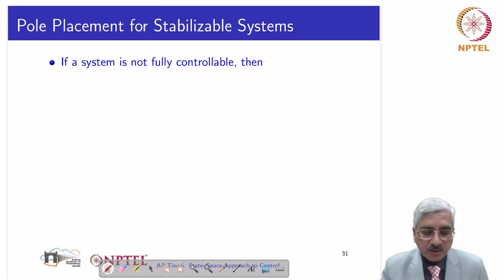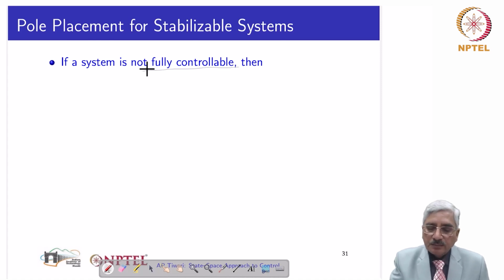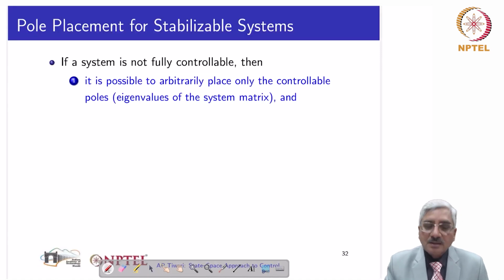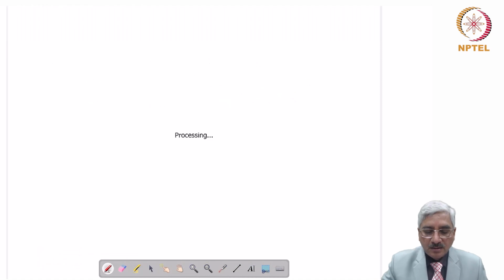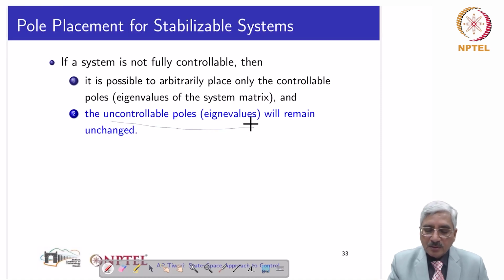Now we come to the second topic of this part of the lecture, the pole placement for uncontrollable but stabilizable systems. If a system is not fully controllable, or if the system is uncontrollable, then it is only possible to arbitrarily place the controllable eigenvalues, the controllable poles of the system, and uncontrollable eigenvalues will remain unchanged.